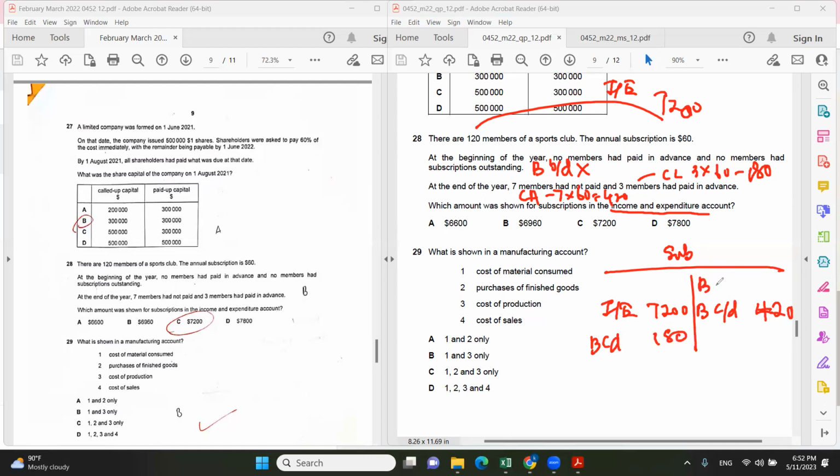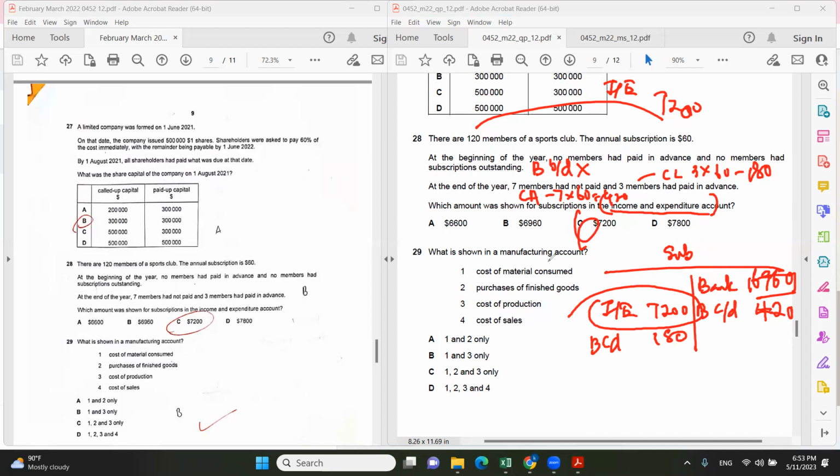The information shortfall is the bank, which is how much we received from the subscription. We take this one plus this one, 7200 plus 180 minus 420. So we get 6960. But the question is asking, what amount was shown for subscription in the income and expenditure? They are asking this information.